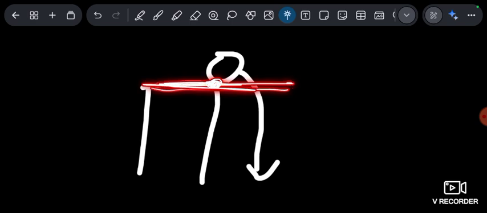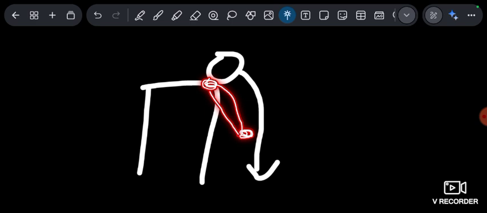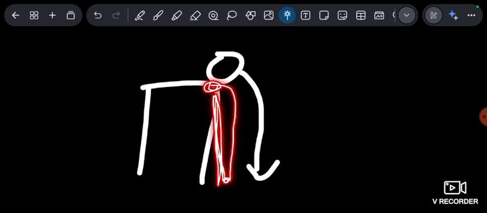It is 0. There is no displacement. But when the object goes from where it was to another point, can you see the displacement now? The straight line displacement has increased. And when you go lower again, can you see the straight line displacement over here? It is increased.